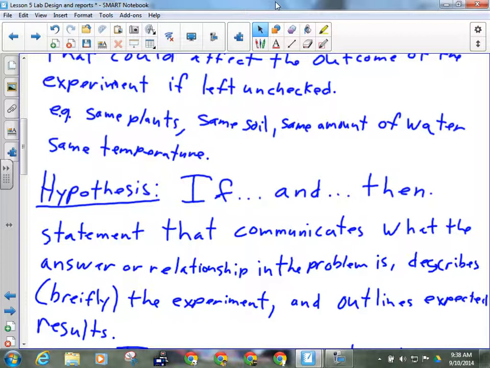But a hypothesis, as long as it's in the right format and relates to what's going on, it's okay if it's not going to end up being right at the end. In the last year and years before, I always have people who don't do their hypothesis until they're all done, and then they make one up that's right. It's okay to be wrong in your hypothesis.